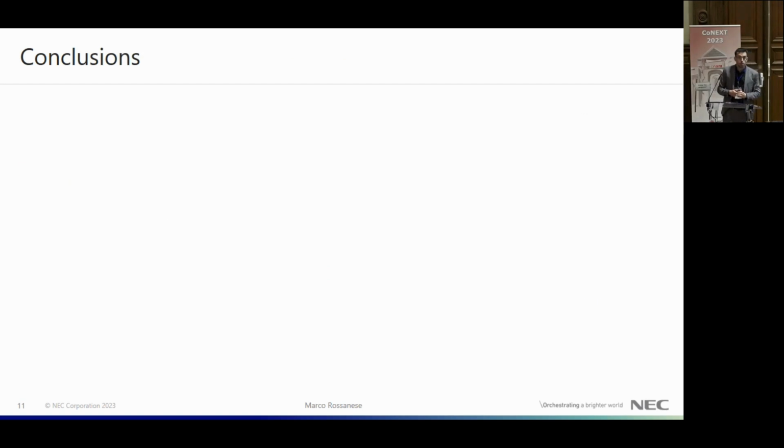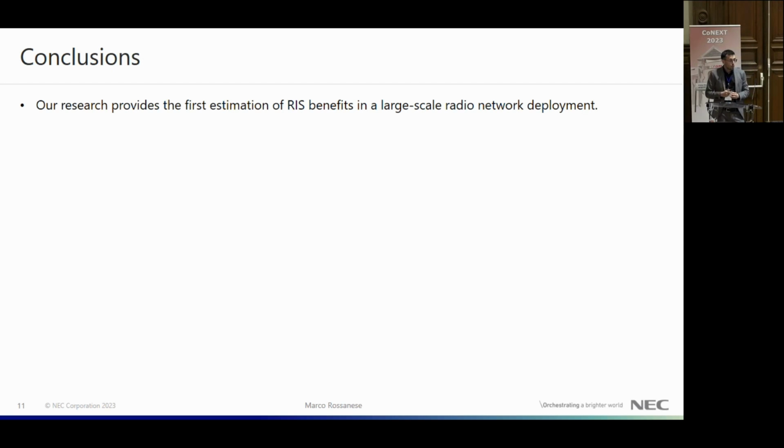So to conclude this session, our research provided the first estimation of RIS benefits in a large-scale radio environment, and for sure it's going to be a promising technology for the new generation of mobile systems.